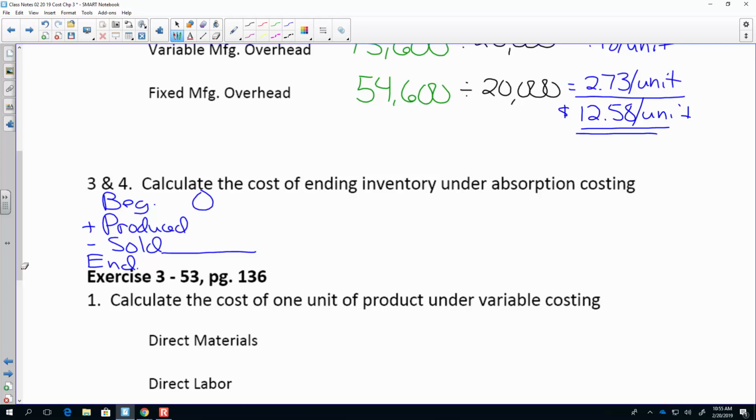I think we had 0, right? In the beginning? First year of operations, so it would be 0. Produced 20,000, sold how many? 18,900. We have 1,100 left.